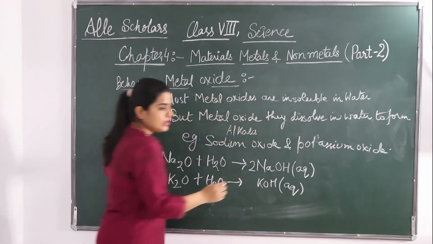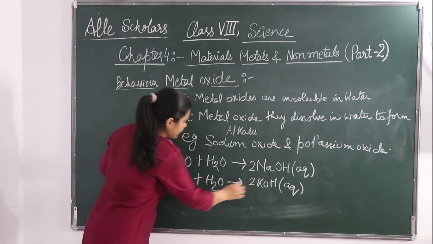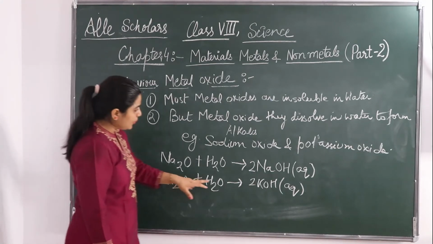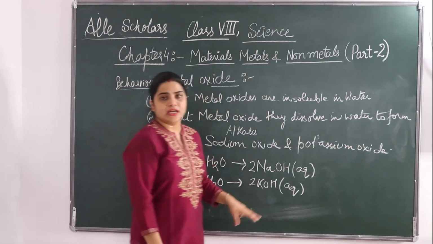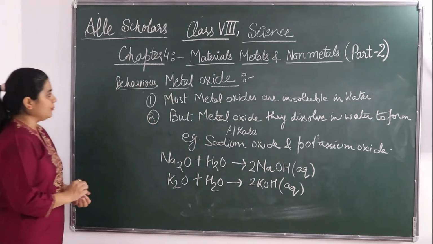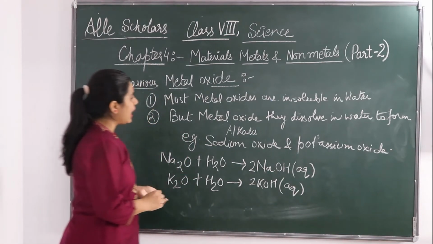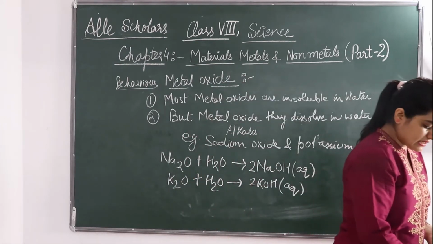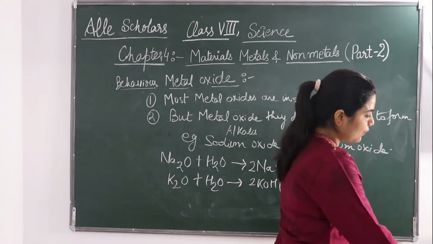So you can see that sodium oxide and potassium oxide both form alkalis. This means they dissolve in water, whereas most metal oxides do not dissolve in water.